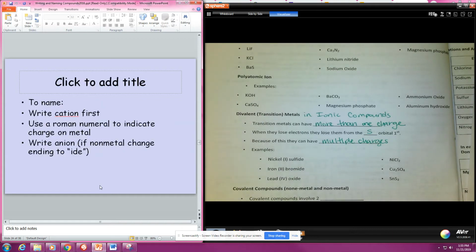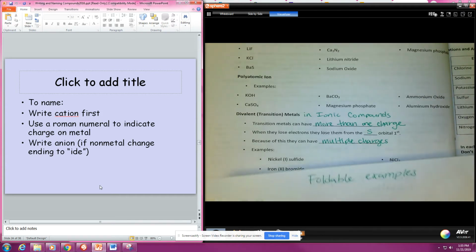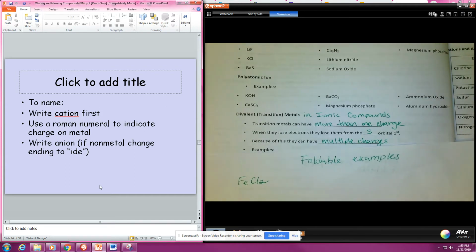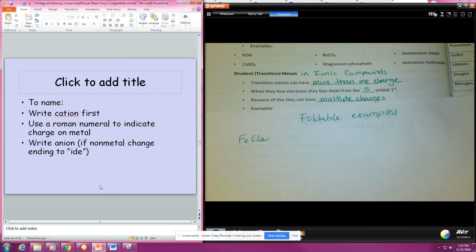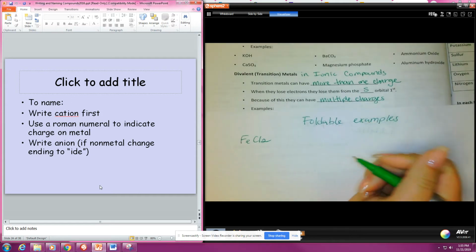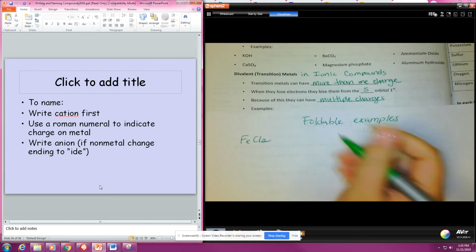This next part is going to be on your foldable in the third flap that says transition metals. I don't have a foldable, so I'm just going to do it on this blank paper. Okay, so to write the name of a transition metal ionic compound, the first thing you're going to do is write out the cation.